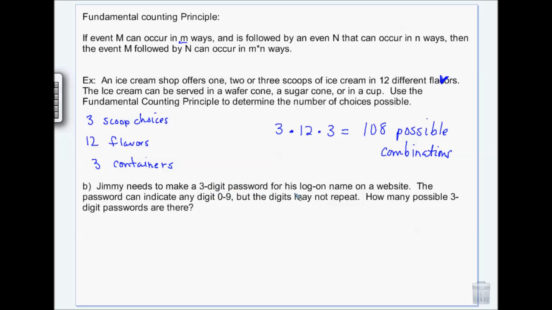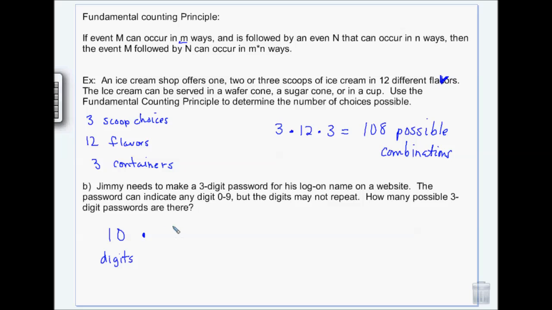3-digit password for your logon name. This is why these things work really well. Okay. The password can indicate any digit 0 to 9, but they cannot repeat. Okay, if I take 0 to 9, how many actual digits is that? 10. 10 digits, right? So the first digit has 10 digits that I can choose from. Now, if I've used one of those digits, I can't use it again, so what's my second choice?